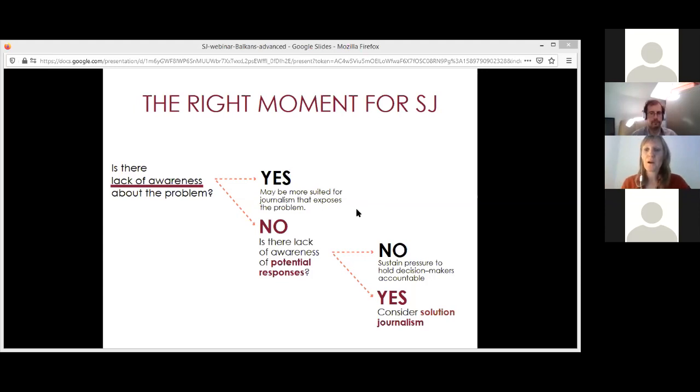You can highlight it, you can actually investigate it for them, and then present it and show, okay, we know we have a problem, and this is what can be done about it. And you open the whole public debate, and you remove the excuses: yes, this is a problem, but there is nothing to do about it. We would like to, but there is nothing we can do. Oh, really? Because maybe there are things to be done. And this is where you introduce solutions journalism, or where solutions journalism is actually the thing you need.